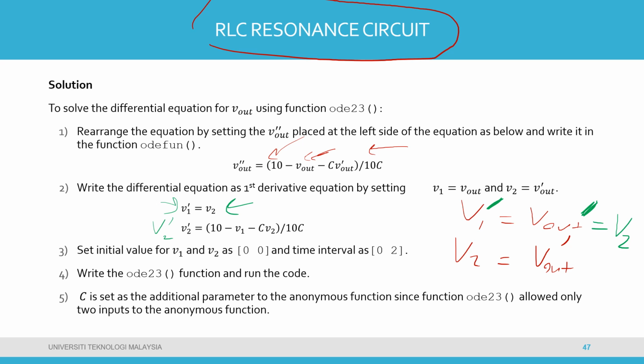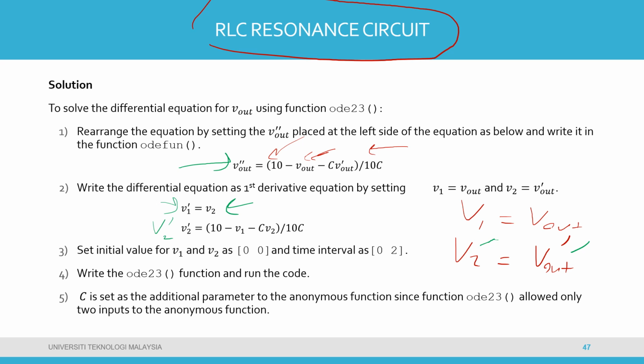If you look here, V2 bar, let me use the green pen, is basically V out double bar. So when it comes to V out double bar, you look back at the equation here. So this is V out double bar. You just copy back this equation: 10 minus V out.